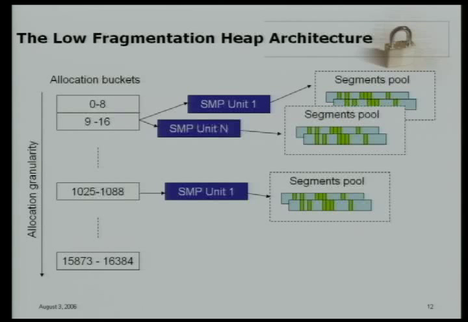It had a different mechanism to handle concurrency and multiprocessor scenarios, and at the same time changed the allocation model so that it behaves much better on large processes and large heaps. It's very tough to give a very short explanation of how the low fragmentation heap really works.